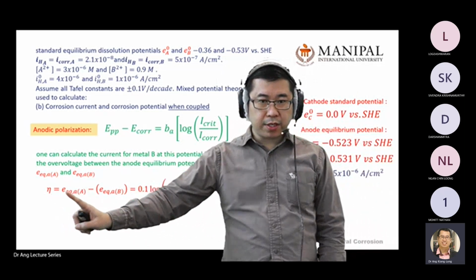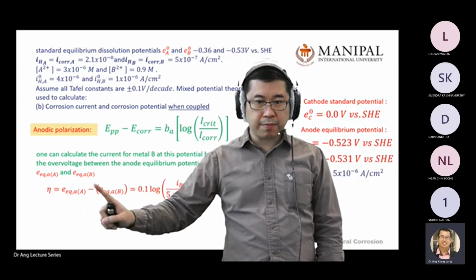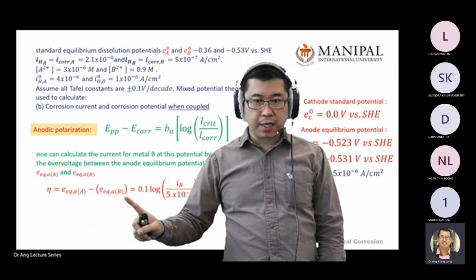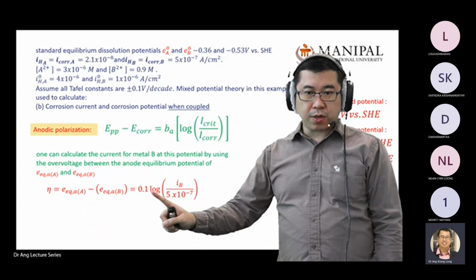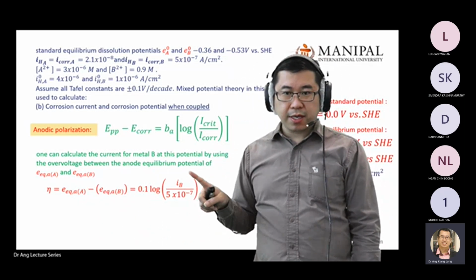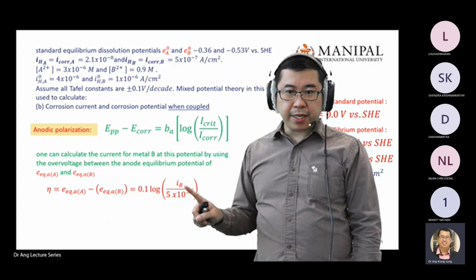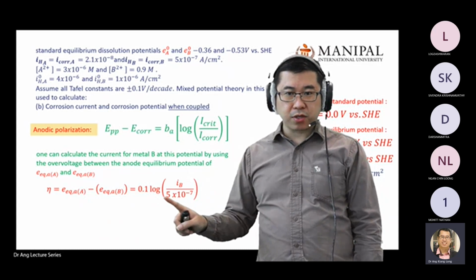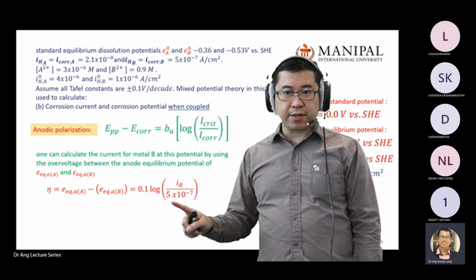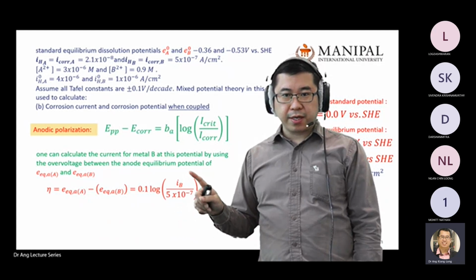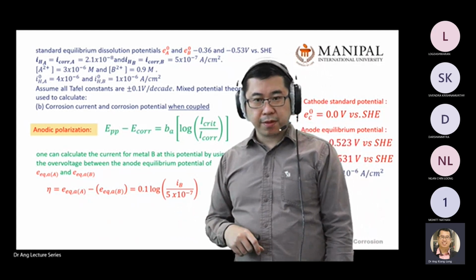So Tafel equation: E equivalent minus A minus B equal to log I, B, and this is the total current density, but now you want to find the B. Why B here?